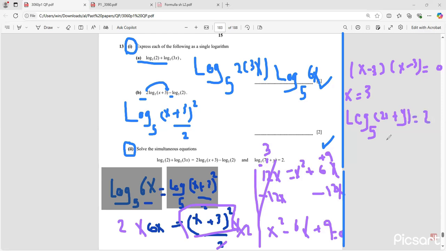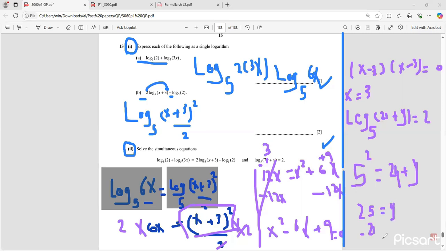So now 5 to the power 2, which is equal to 25, equal to 21 plus y, which gives 25 minus 21 equal to y.